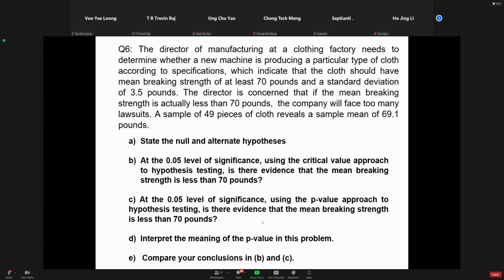Next, let us look at part B. At the 0.05 level of significance, using the critical value approach of hypothesis testing, is there evidence that the mean breaking strength is less than 70 pounds? So here we need to find whether the mean breaking strength is less than 70 pounds.